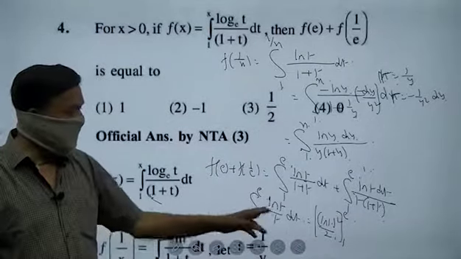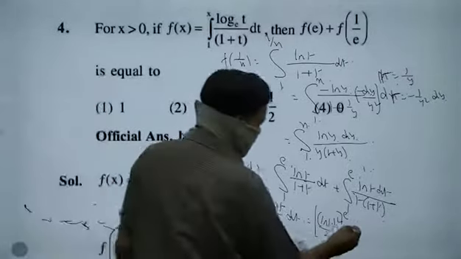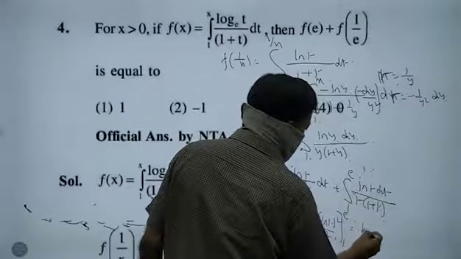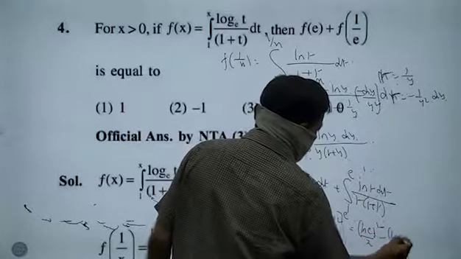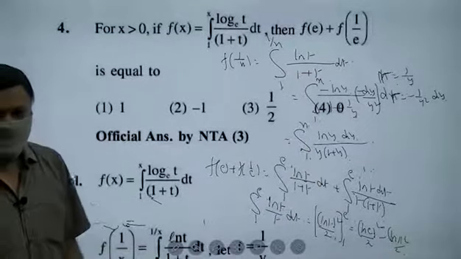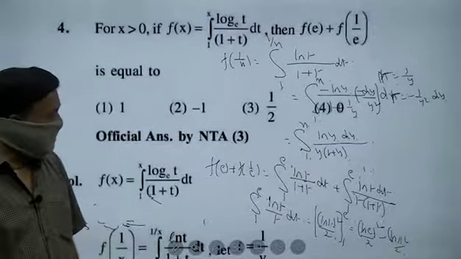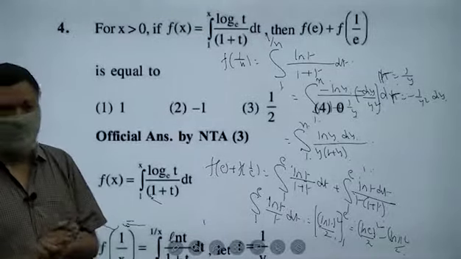When you simplify this, you are going to get ln e whole square by 2 minus ln 1 whole square by 2. ln e is what? 1. So 1 by 2. So your answer is what? 1 by 2. That's it.